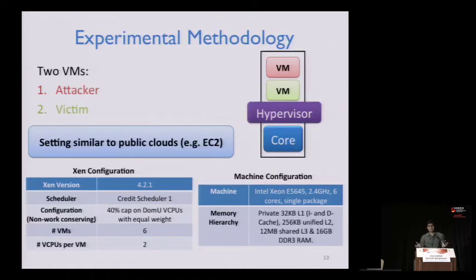We set up a Xen test bed, which is configured very similar to how public clouds, like Amazon EC2, configure their hypervisor. We configure two VMs to run on a single core, where one of them is an attacker, which is the same as the CCS 2012 attacker.